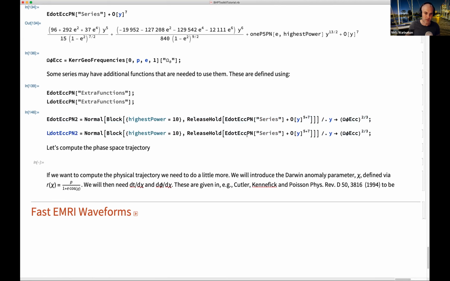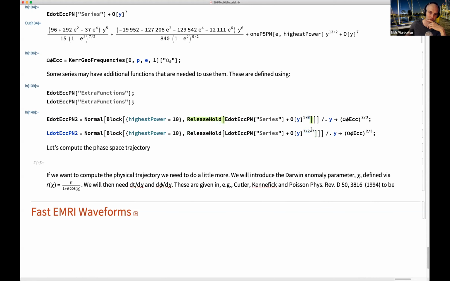Again, now the angular momentum, exactly the same, just with L dot. But the L dot series, this is actually quite crucial, starts at a different order. This series starts at y to the 5, and this series starts at y to the 7/2. It's quite important that when you truncate these series, you truncate in the same order together.